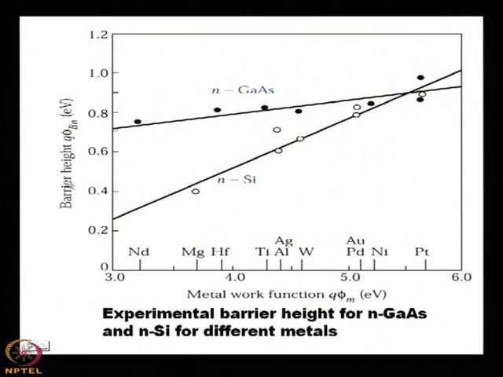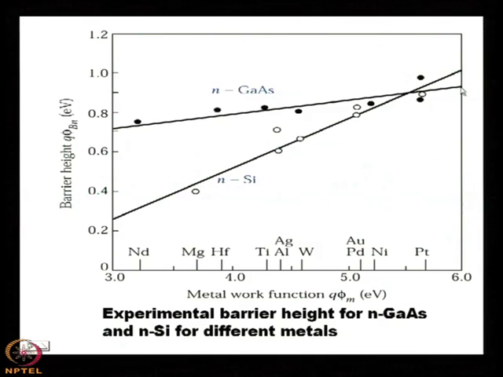Then the barrier height was measured, and we find the barrier height variation as a function of metal work function. You see that for N gallium arsenide, it is not very widely varied. Why? It is just above 0.5 to 0.8, not very high.